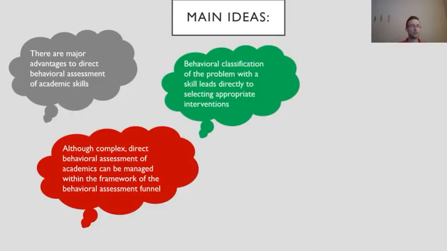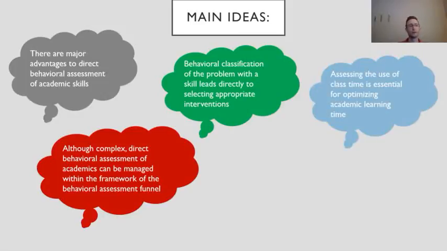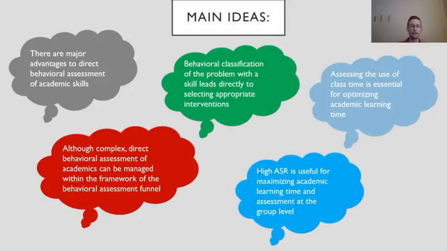And that's a major advantage of a behavioral classification of student problems over other ways of assessing or classifying student problems. So, assessing the use of class time is also essential for optimizing what's called academic learning time. And then high ASR is useful for maximizing academic learning time and assessment at the group level.